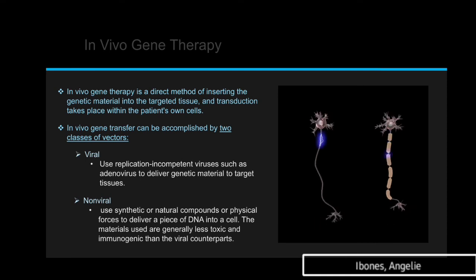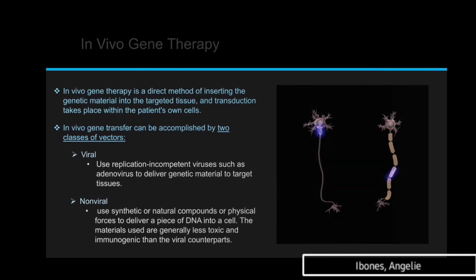Non-viral use synthetic or natural compounds or physical forces to deliver a piece of DNA into a cell. The materials used are generally less toxic and immunogenic than the viral counterparts. Both these systems have distinct advantages and disadvantages, and the choice of vector used largely depends on the suggested application.